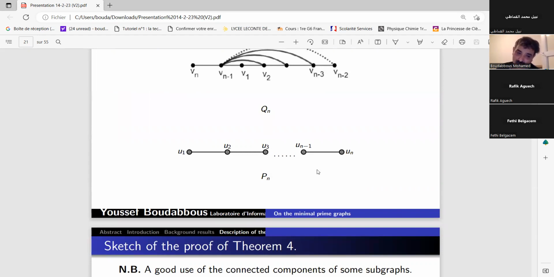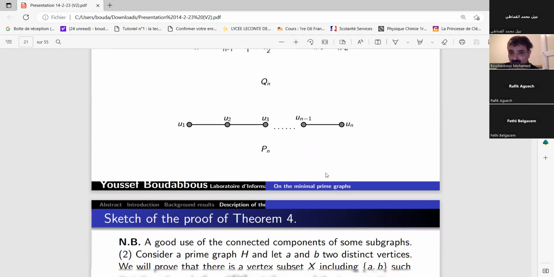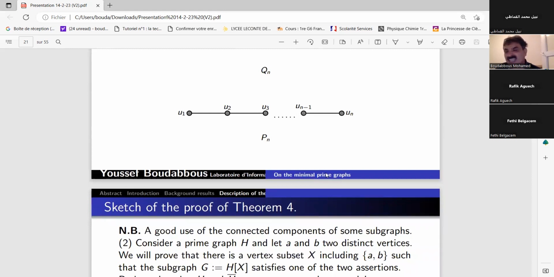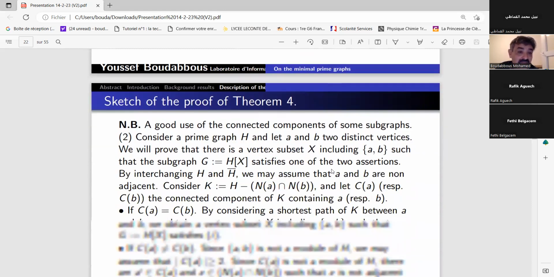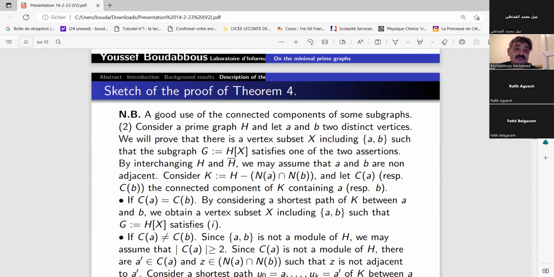Here we give a sketch of the proof of theorem 4. There is no special tool on the prime subgraph. I think that it is only a good use of the connected components of some subgraph. There is no difficult tool.